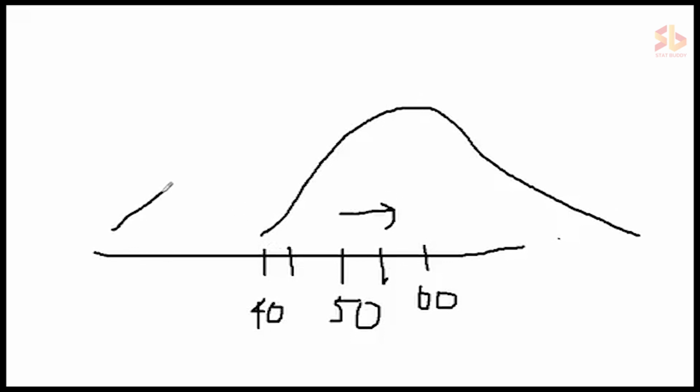Previously it was here. This tail now moves to this place, which means with the increment of the mean value, the tail moves to this side. So the values in this end, or the lower tail, are less likely to occur.